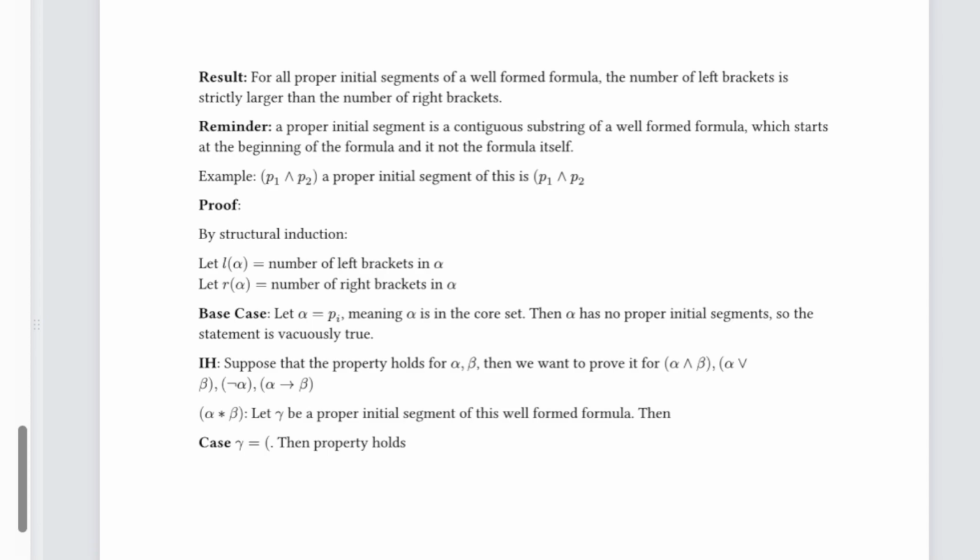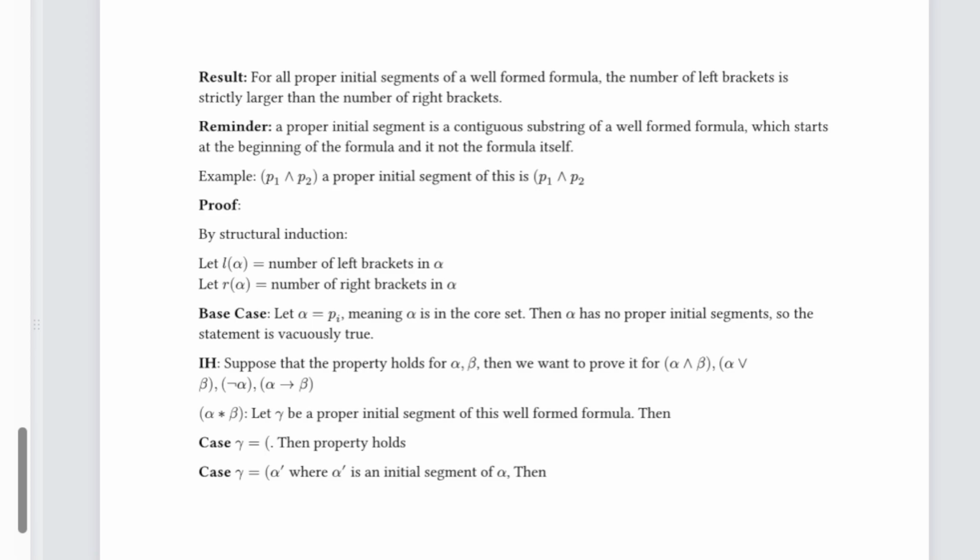Okay. Now case gamma equals open bracket and then let's say alpha prime, where alpha prime is an initial segment of alpha.